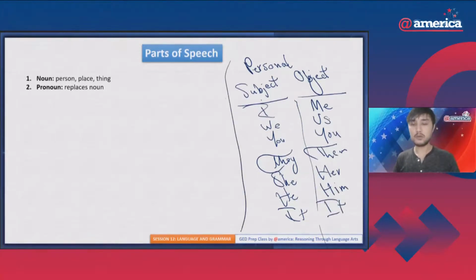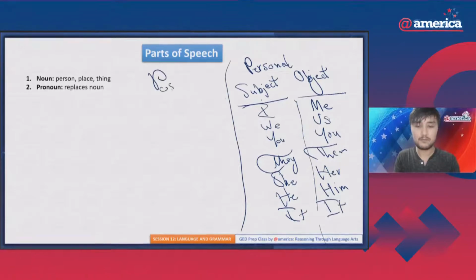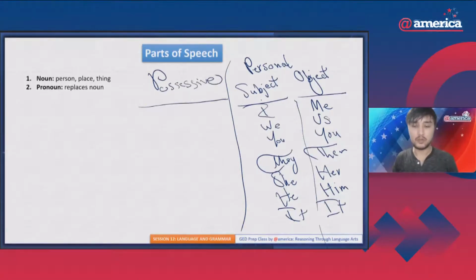So you have personal pronouns, and then you have possessive pronouns, which are pronouns they use to show possession or ownership of something. Again, you have two types. You have my, mine.